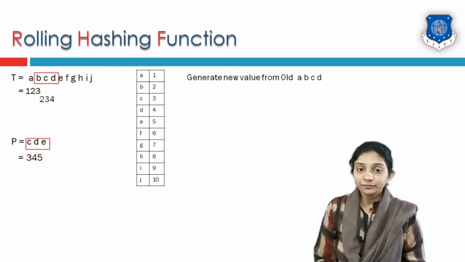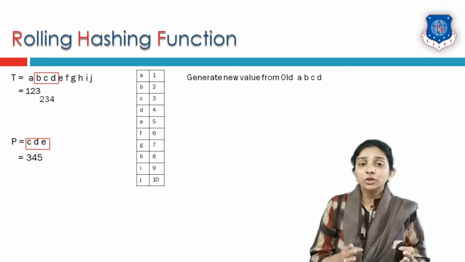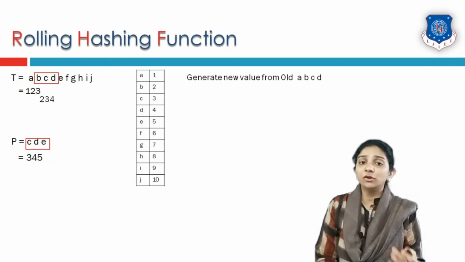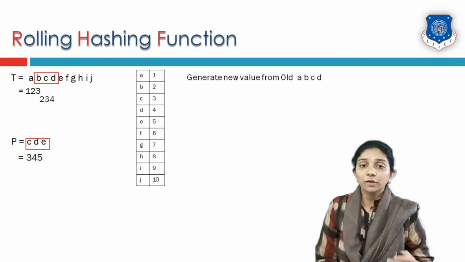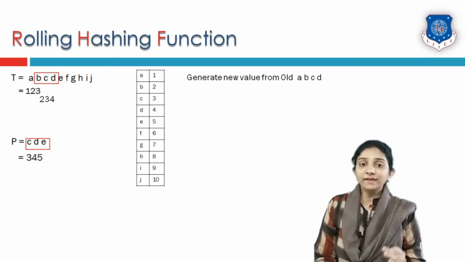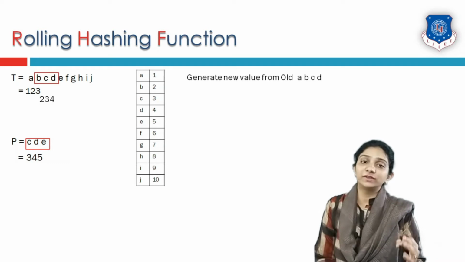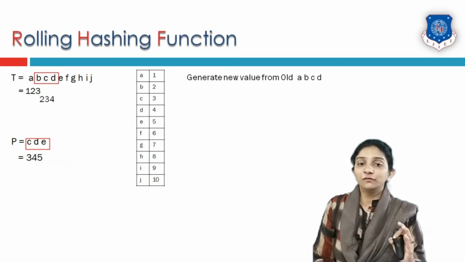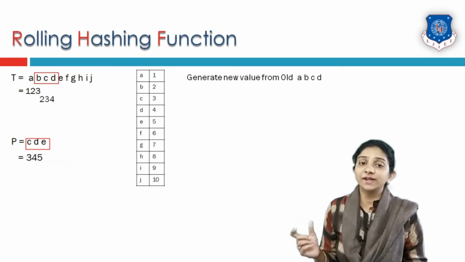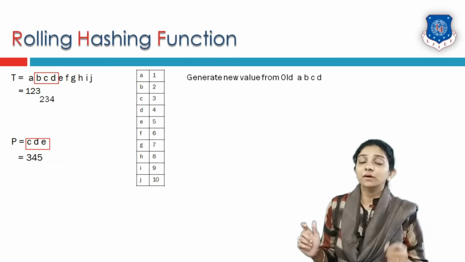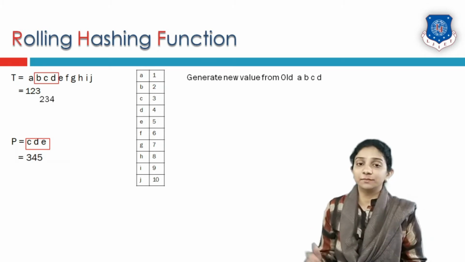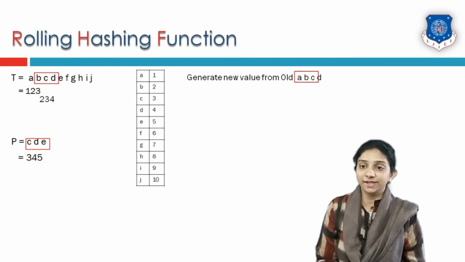That means to generate number 234, I need not multiply code 2 with 10 raised to 2, 3 with 10 raised to 1 and 4 with 10 raised to 0. So we are going to get this 234 number from the already generated number, that is 123.